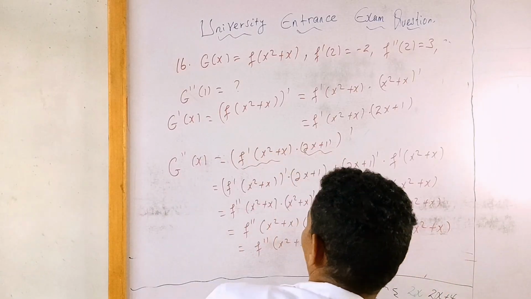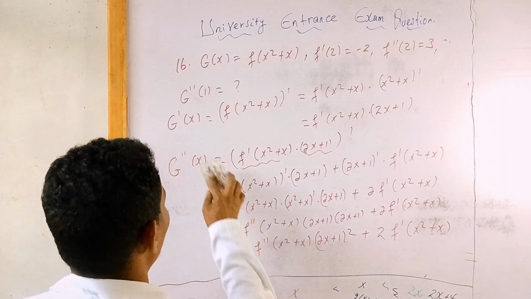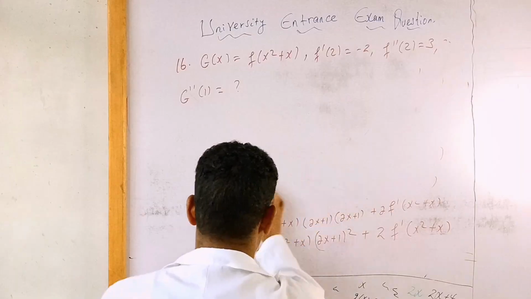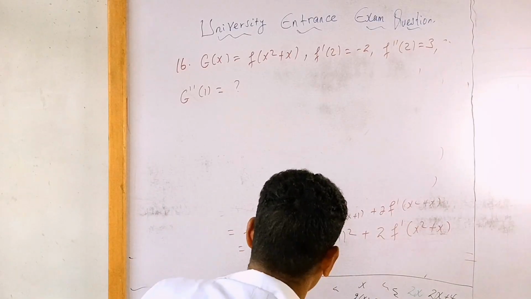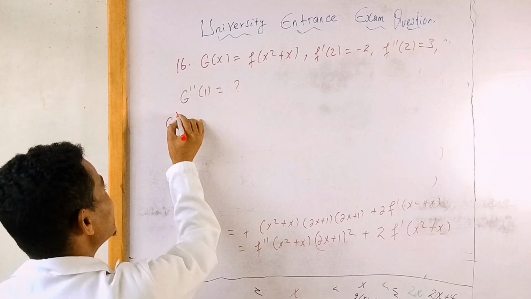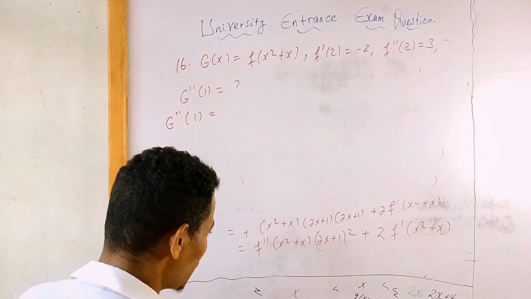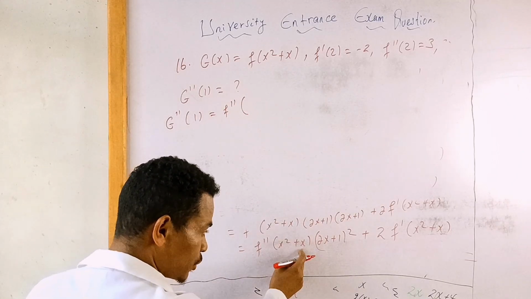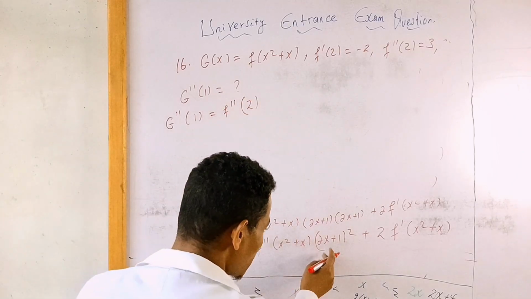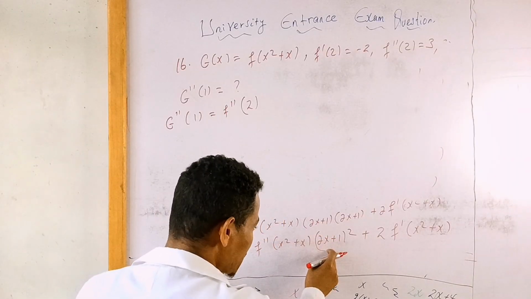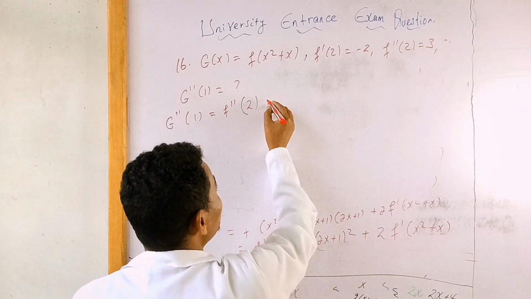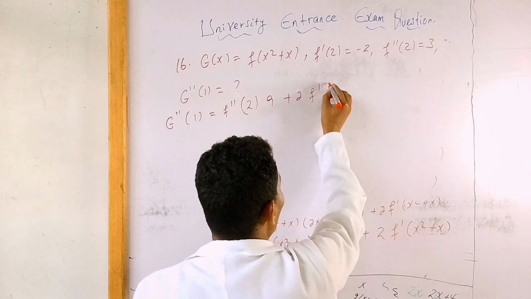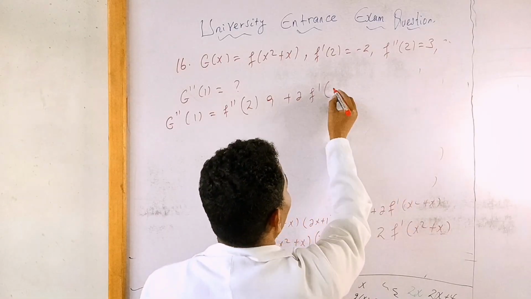Now our aim is to find g second derivative at 1. Now g second derivative at 1 is equal to f second derivative at 1 square is 1, 2 times 1 is 2 plus 1 is 3, square is 9, plus 2 times f derivative at 3.